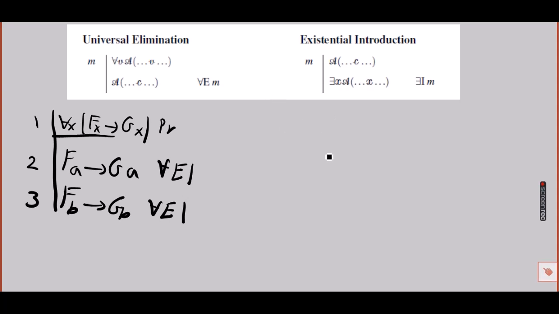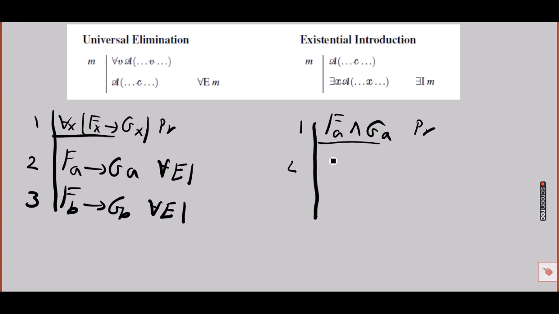The second rule we're going to look at is existential introduction, which allows us to introduce an existential. And the way that the rule works is like this. Let's say that you have a formula, for example, Fa and Ga. From this, you can introduce any existential that has Fa and Ga as an instance. So for example, let's say we have this one as a premise.